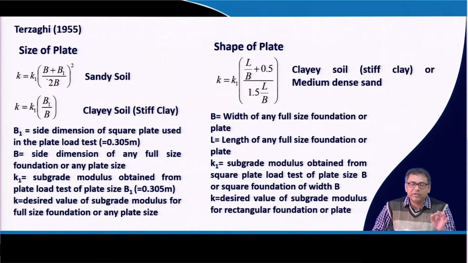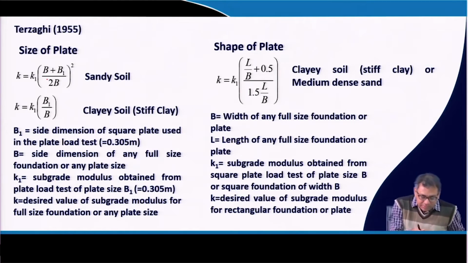Okay. So, suppose you want to determine the k value for a 75 centimeter plate, and you have done the test using a 30 centimeter plate. So, that means you get the K1 which corresponds to the 30 centimeter plate. Now, your B value will be in that case 75 centimeter, and the B1 value will be 30 centimeter. Then you will get the subgrade modulus corresponding to the 75 centimeter plate.